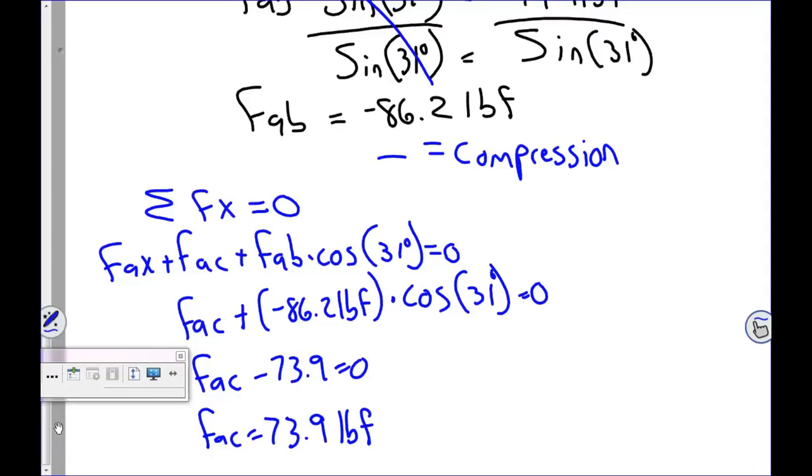Cosine 31 times negative 86. We're going back to the x, right? Correct. You get negative 73, and then when you bring it on the other side, you get positive 73.